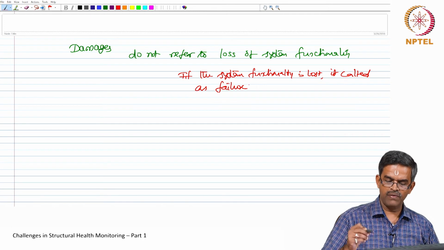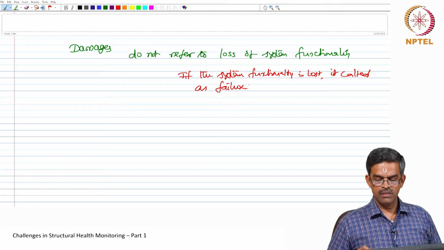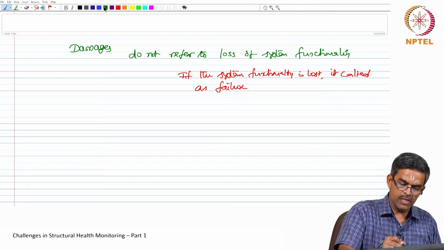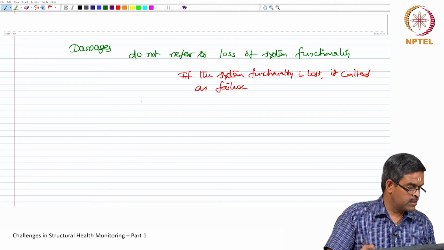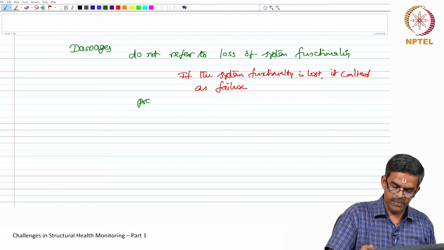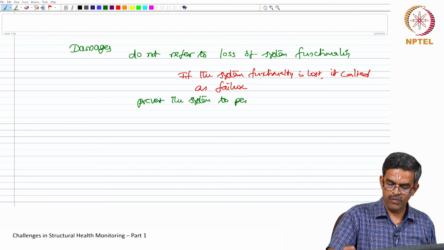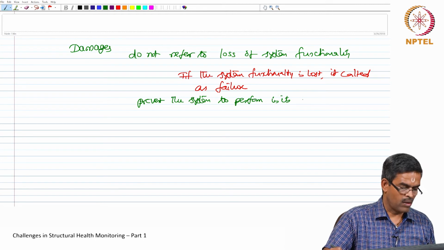Please understand the difference between damage and failure. Then what do damages do? Damages prevent the system to perform in its optimal manner.